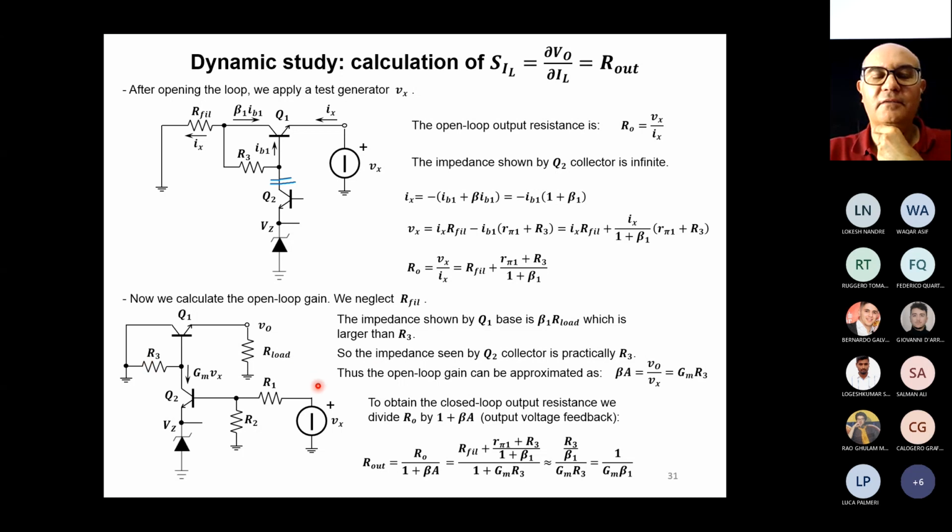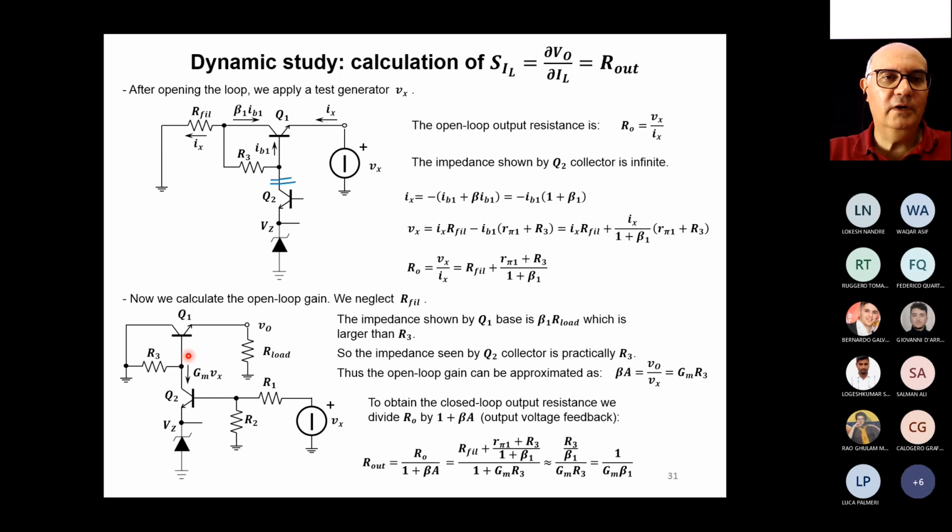So when I want to calculate the gain, sorry, but I'm also forgetting that given that Q1 is a common collector connection, the voltage on the output will be the same as the voltage on the base. Probably I forgot to say this. Q1 is a common collector, so its gain is 1. The output voltage VO is the same as the voltage on the base of Q1.